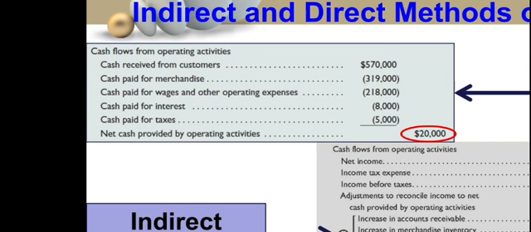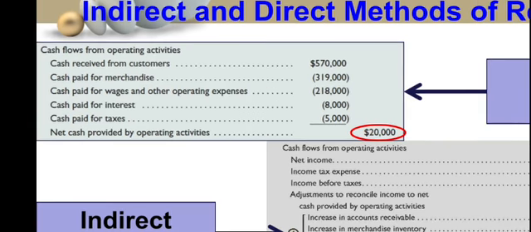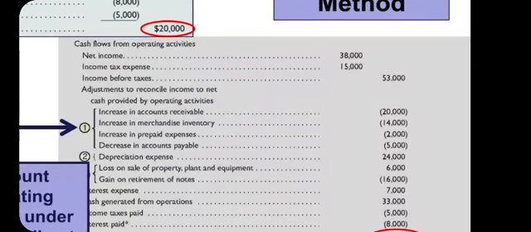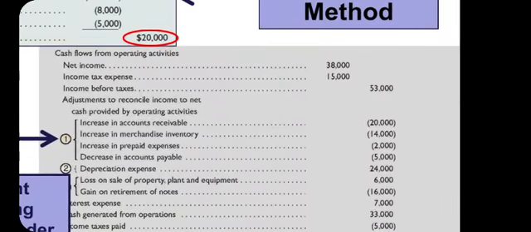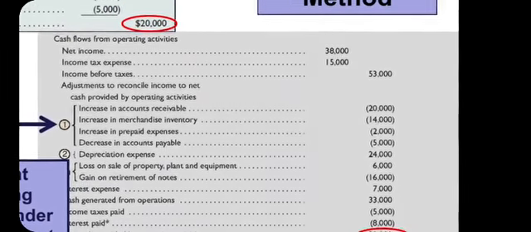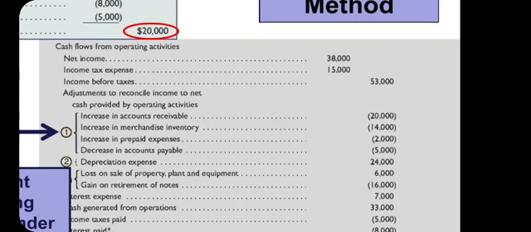And then you will get net cash provided by operating activities. So this is the direct method, very straightforward, cash in and cash out. But if a company uses the indirect method, then the thing is a bit complex. The company has to show the net income, and then the company has to show adjustments.